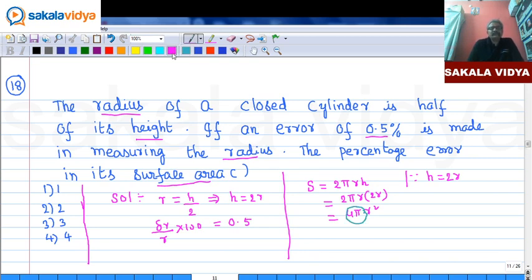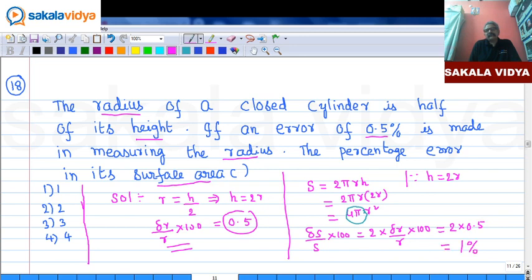So, now we can write delta S by S into 100 is equal to 2 times delta r by r into 100. Already delta r by r into 100 is given 0.5. So, 2 into 0.5 is 1%. Answer is 1%. So, first option is the right option.